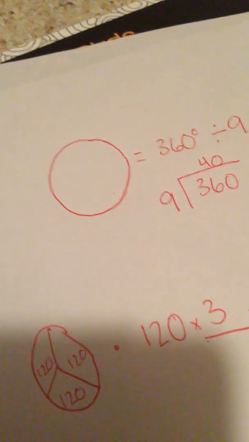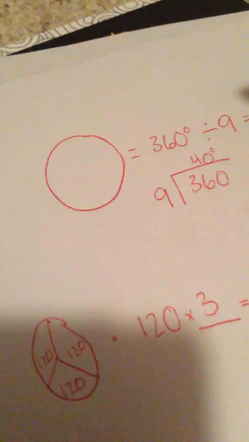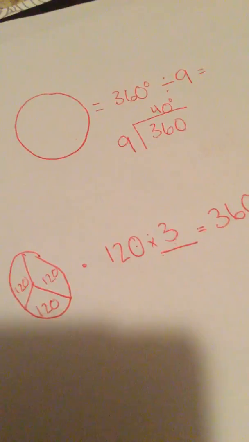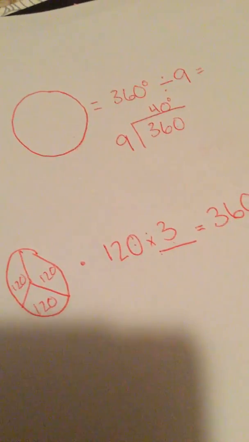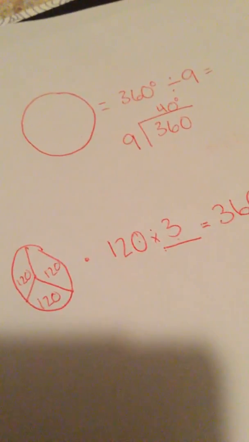So this one, it gave you the number of pieces and you had to figure out the degrees. This one, it gave you the degrees and you had to figure out the number of pieces. Okay? It's the same thing. It's like a fact family. And you're always going to be working with 360 because that's what a circle is. Okay? Number 4, you're going to try that one on your own.